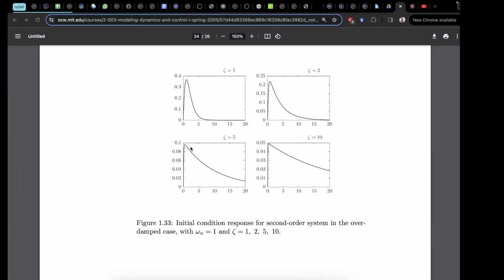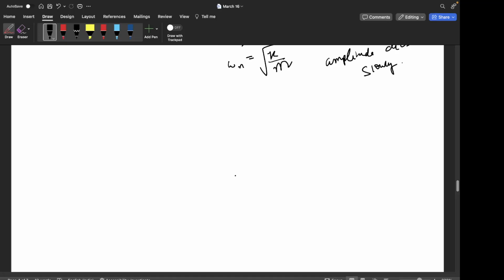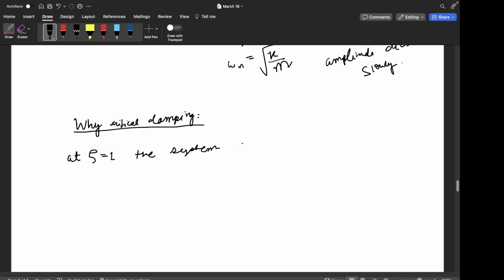Okay, so I will just write the last remark there, on why we choose critical damping. That's why the name also, critical damping. At xi equal to 1, the system achieves steady state.